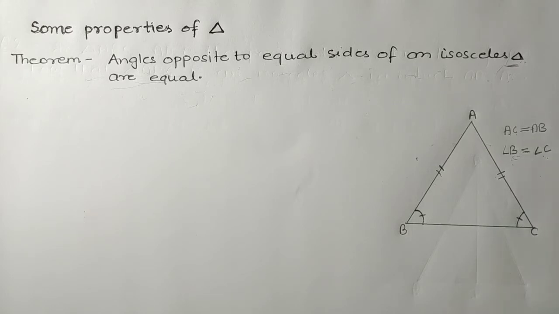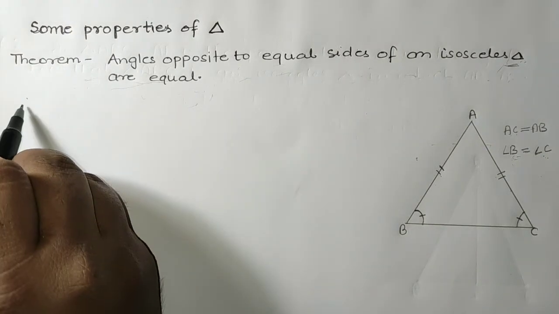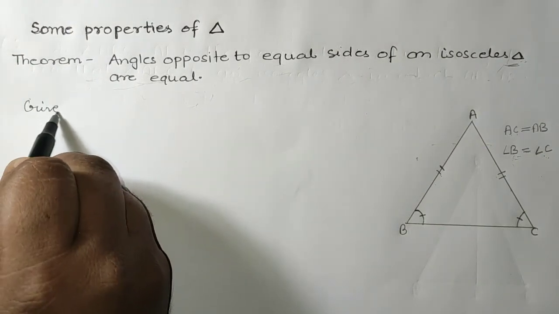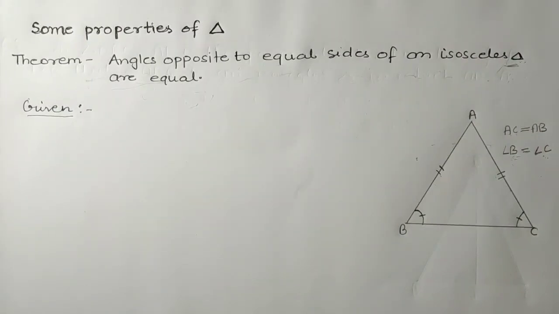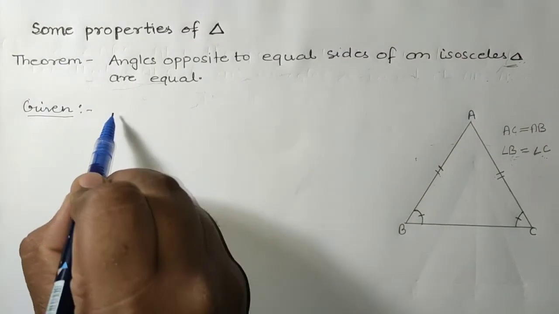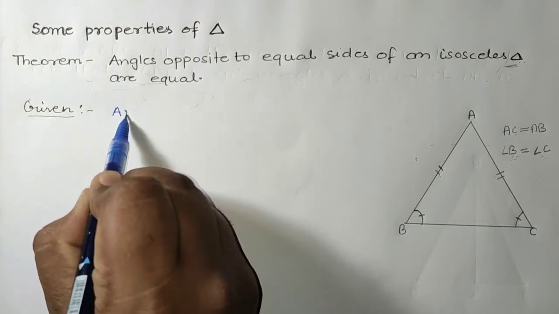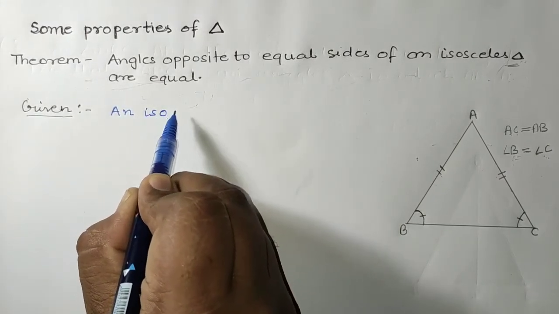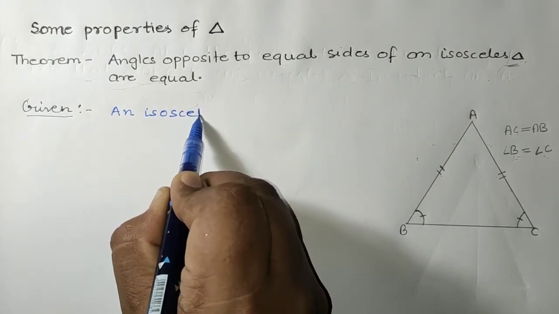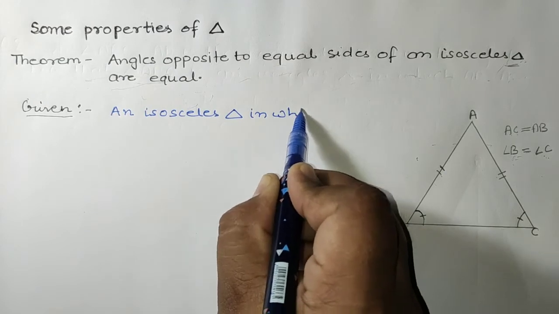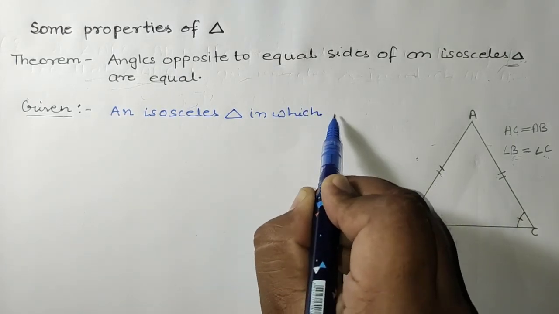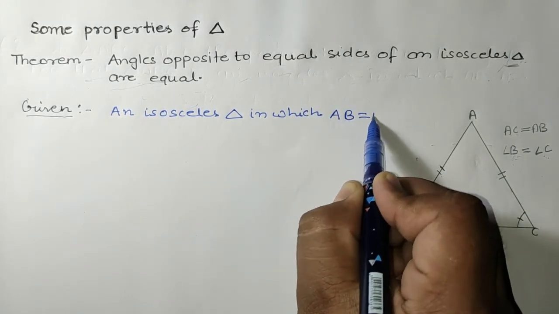Okay students, and this we have to prove also. Now how will we prove it? Firstly we'll write what is given. It is given that an isosceles triangle ABC in which AB is equal to AC.